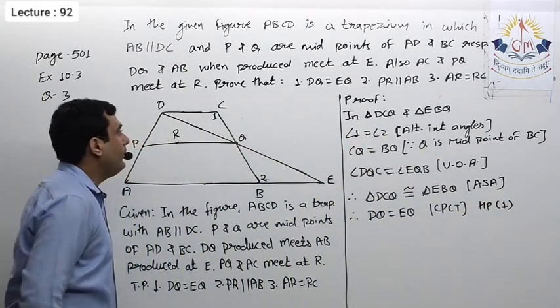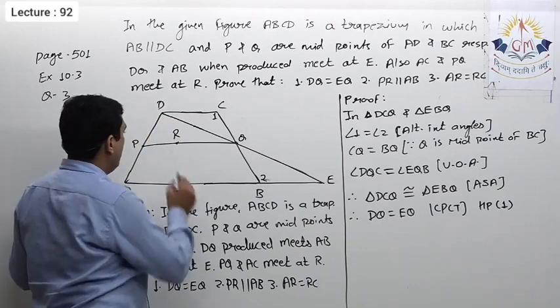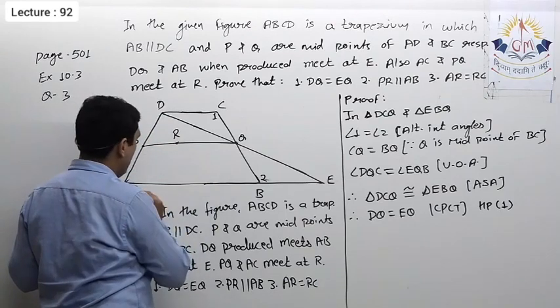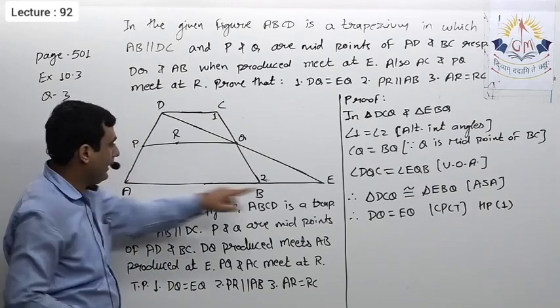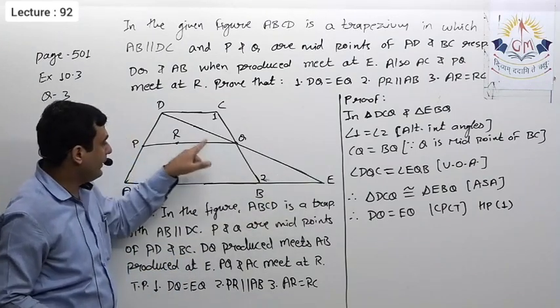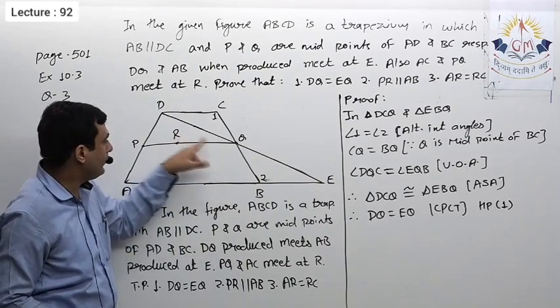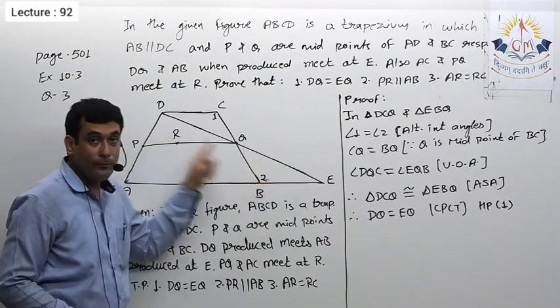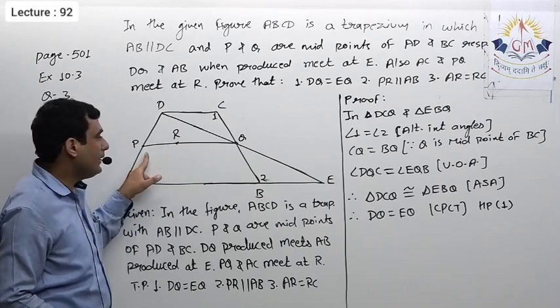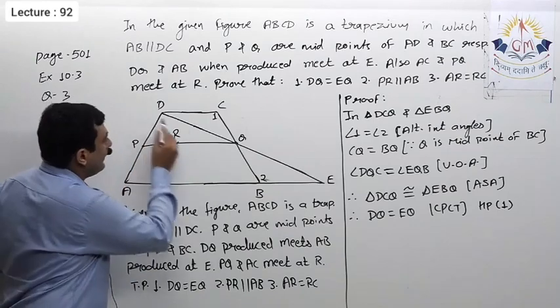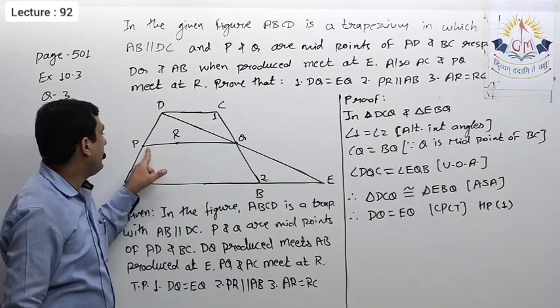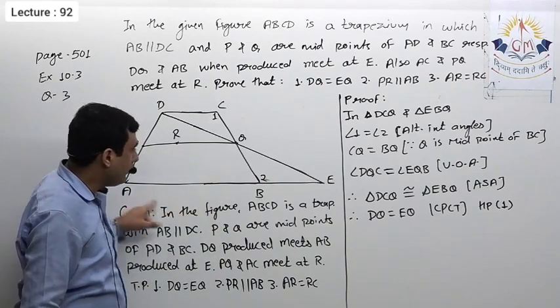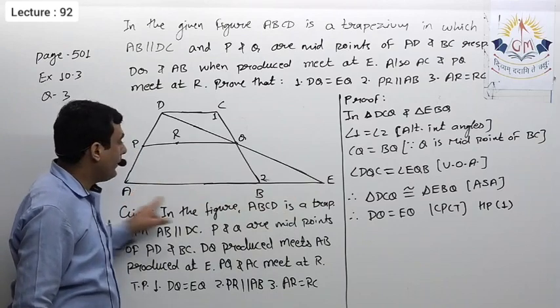Okay, now second we have to prove PR parallel AB. So now see, in triangle DAE, when I say DQ equal to EQ, it means Q is midpoint of DE. Okay, P already given midpoint of AD. So now in triangle ADE, if I apply the midpoint theorem, I can say PQ parallel AE.